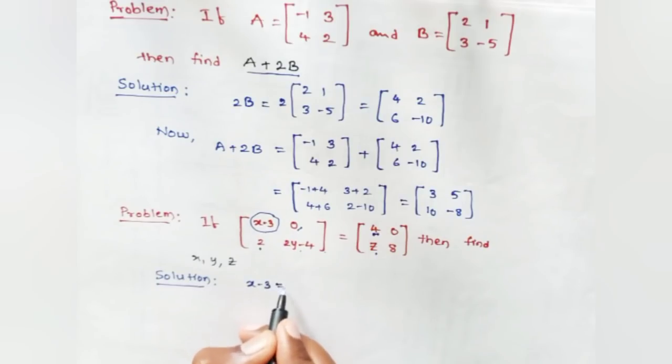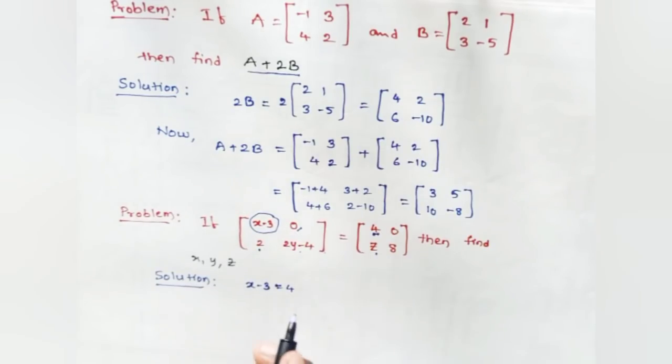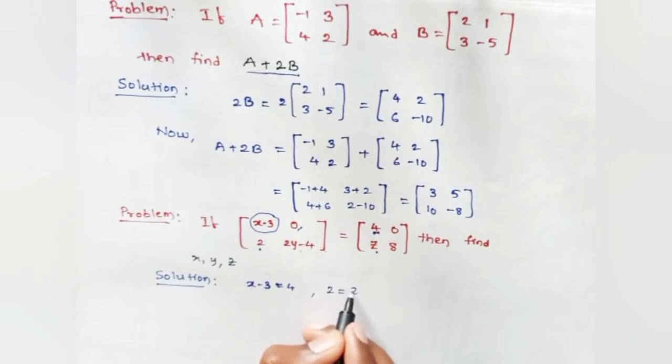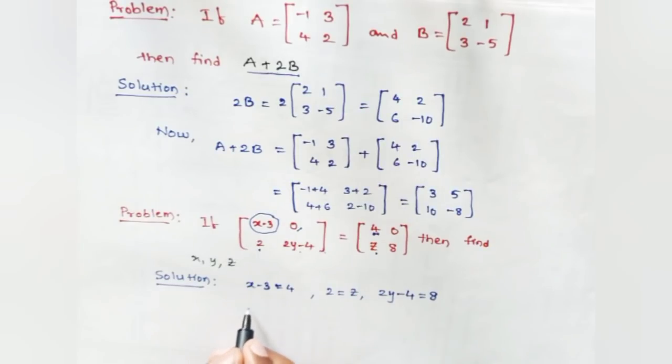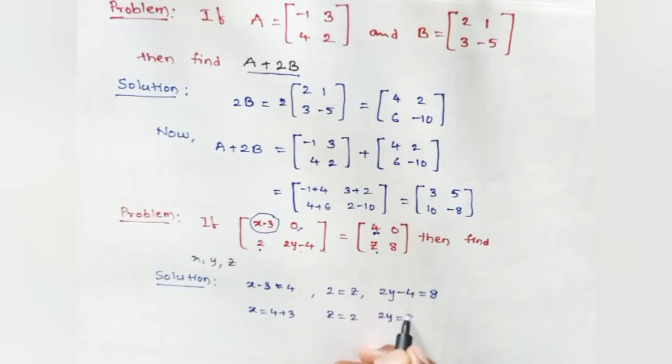So x minus 3 is 4, 0 is a constant, 2 equals z, and 2y minus 4 equals 8. Now x minus 3 is 4, therefore x equals 4 plus 3, and z is 2. Here 2y equals 8 plus 4.